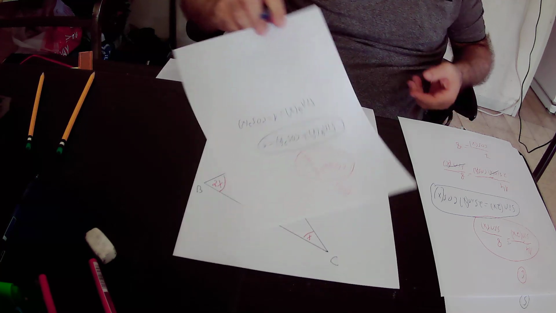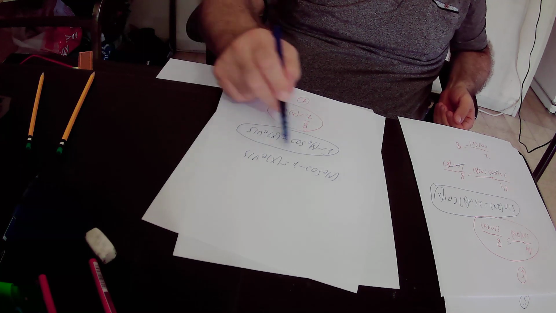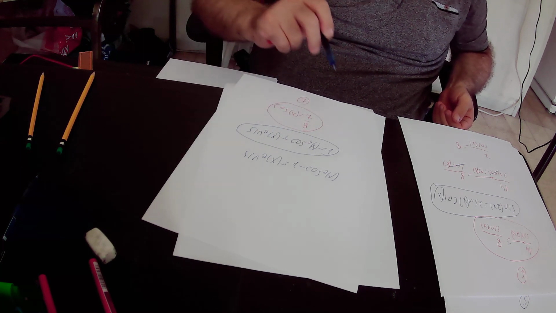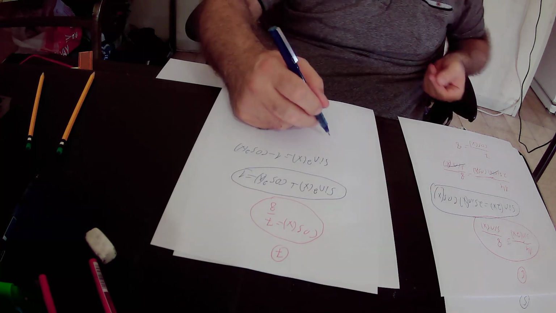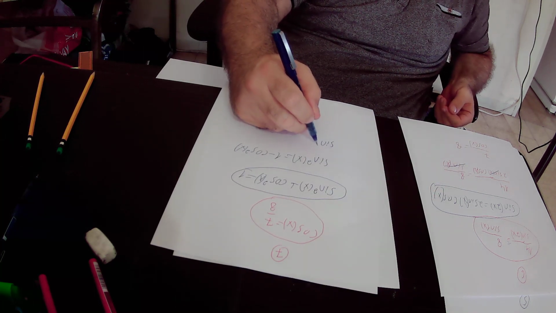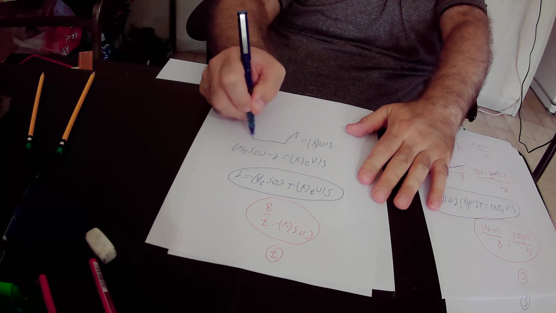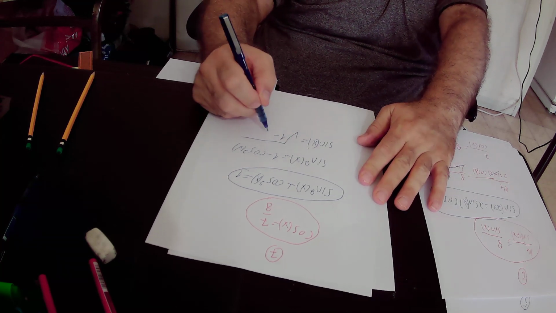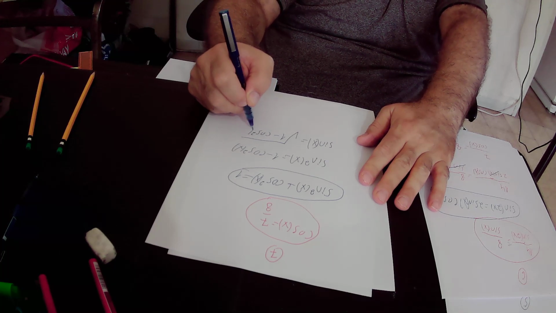Here we will take a root of this equality, and we will get that the value of sine x equals the root of 1 minus cosine square x.